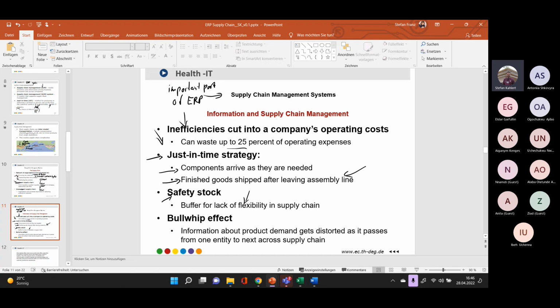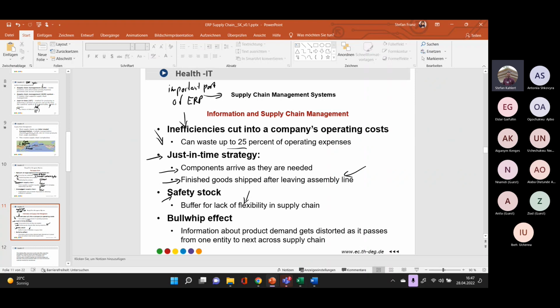However, such stocks cost money, because if you store spare parts or finished goods, cars, boats, whatever, medical devices, you always have the problem, especially for server hardware and for notebooks, that the longer they are in stock, the more outdated they get, which costs you money again.